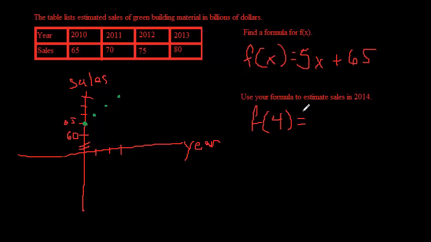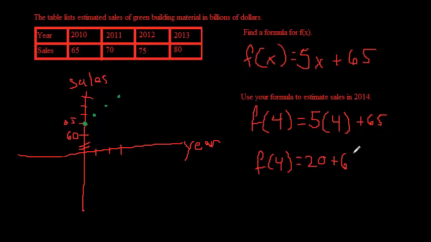Plug in 4 everywhere you see x, so we have 5 times 4 plus 65. So f of 4 is 20 plus 65. Therefore, f of 4 is 85. That's 5 more than the previous year, which is exactly what we would expect with an annual increase of 5.